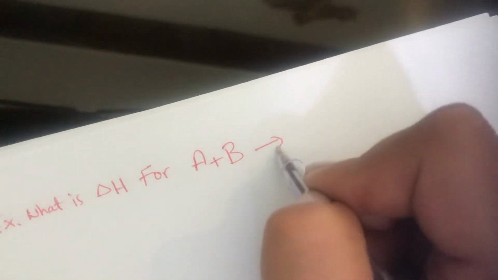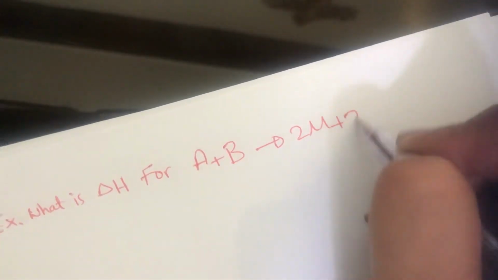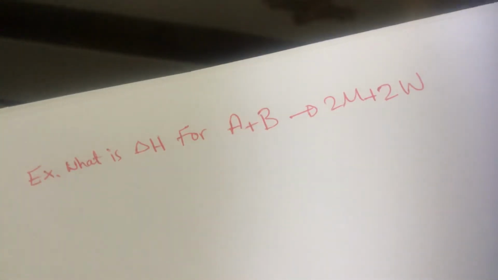Example. What is delta H for the reaction A plus B produce 2M plus 2W?